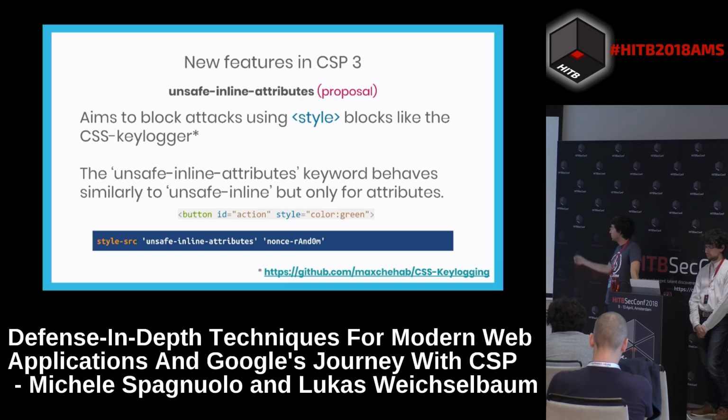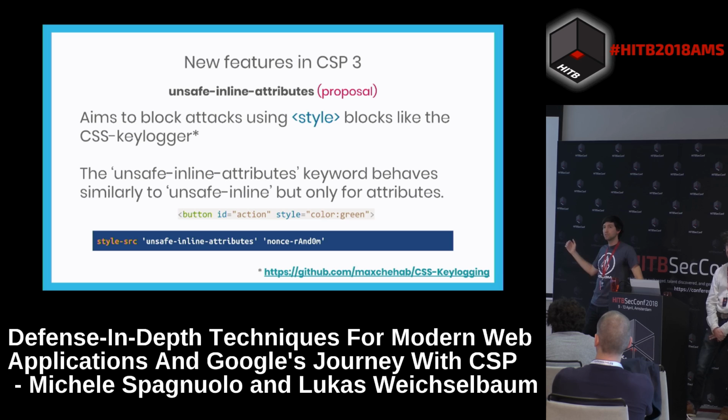So what you can do with unsafe inline attributes is basically blanket allow all inline styles. That's not great, but it is a significant improvement over unsafe inline in general, right? Because if you just have unsafe inline, it's like if you don't have any protection. If you have unsafe inline attributes and still hash or nonce the actual style blocks, it is an improvement because in contrast to scripts, the style attributes are actually significantly less powerful than the style blocks.